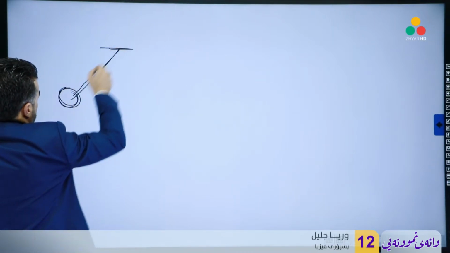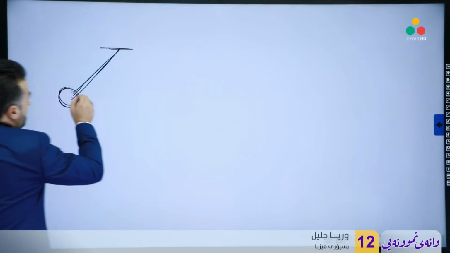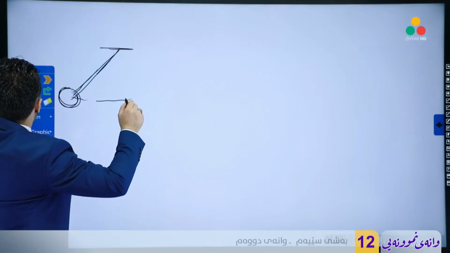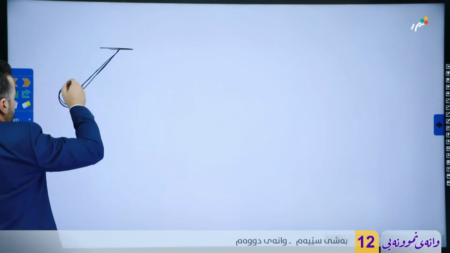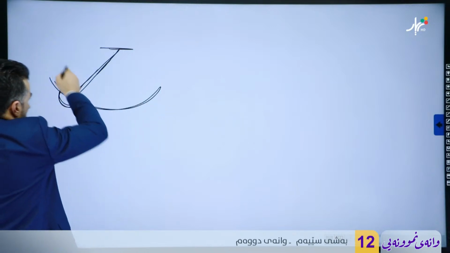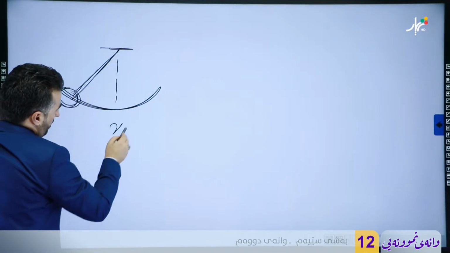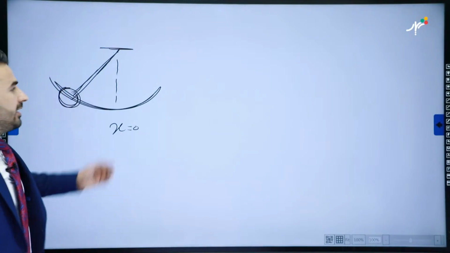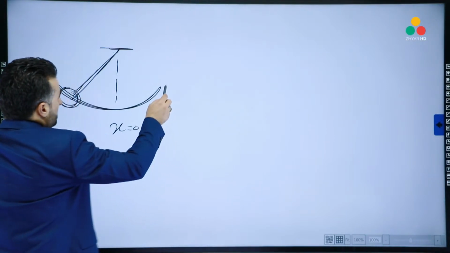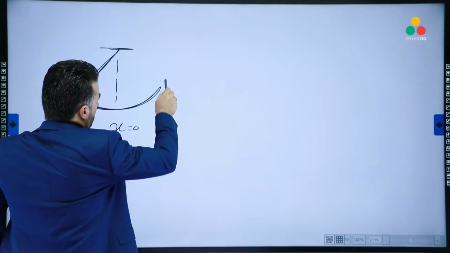You can call this mass the bob. This mass will be moving, or oscillating, back and forth. Assuming that this is the equilibrium position, where x is 0 at this point, at some time it will be here.